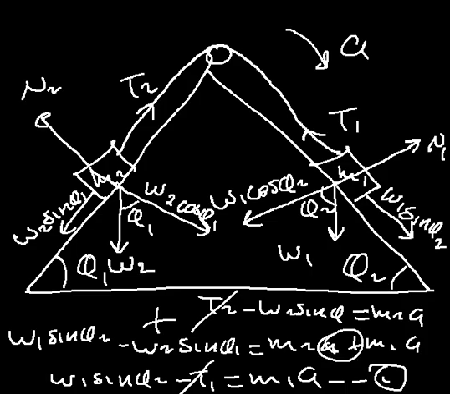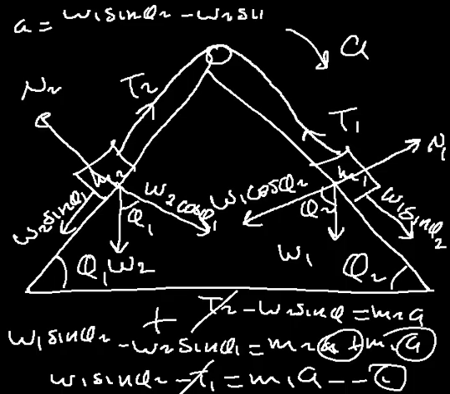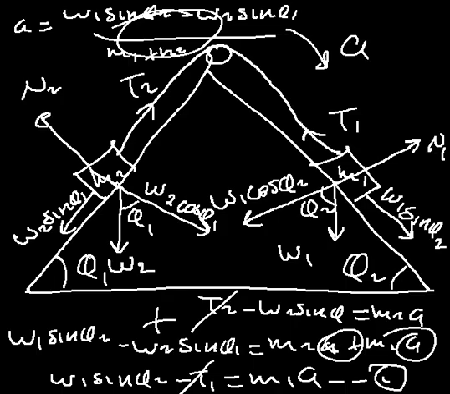From here we get the expression for the acceleration, which is weight 1 sin theta 2 minus weight 2 sin theta 1, divided by the summation of the masses m1 plus m2. So this is how the analysis has to be, and from there we can get the tension forces, whichever is of interest.